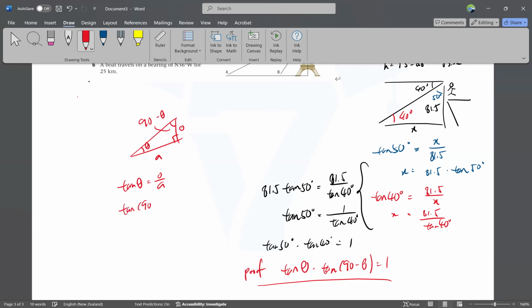Because relative to this angle here, your adjacent is actually your opposite, so we put it on top. And then you get O over A times A over O. Oh, this is 1, okay? You just prove it like this. So this could very likely be an exam question.